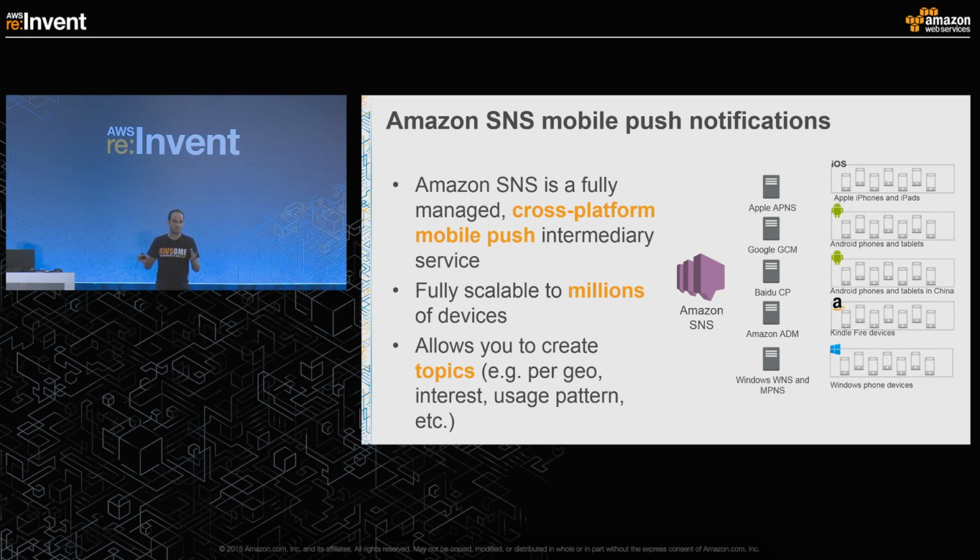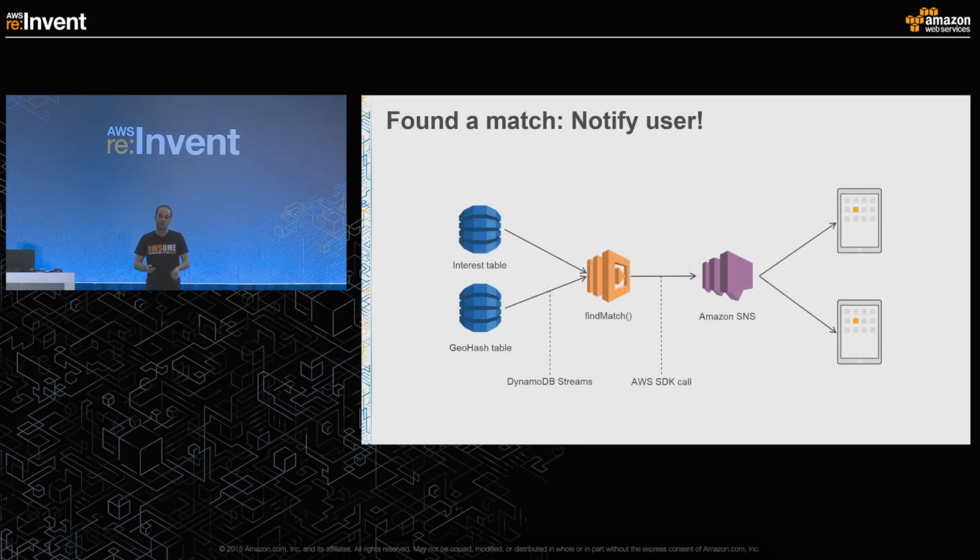Again, it's fully managed and scalable, so it scales to potentially millions of devices, and it also allows us to create so-called topics, like on a specific geo, on a specific interest, and subscribe our users to those topics, and then push out notifications to a topic, which automatically fans it out to all the users subscribed to that topic. So that's great. So we can tap into SNS to basically notify the user when we found a match.